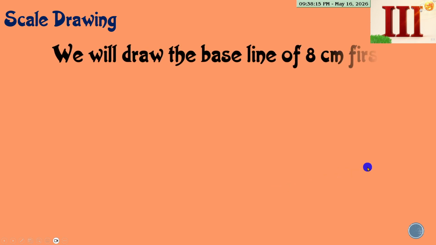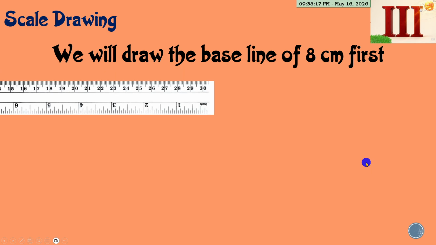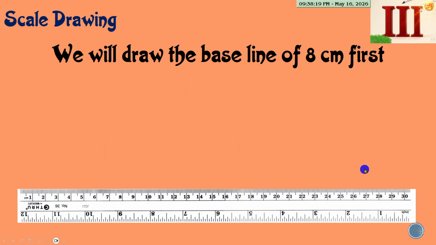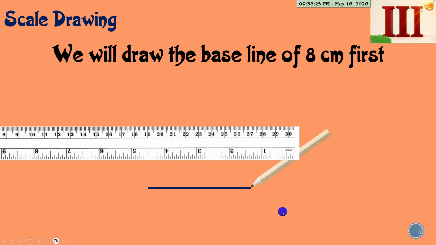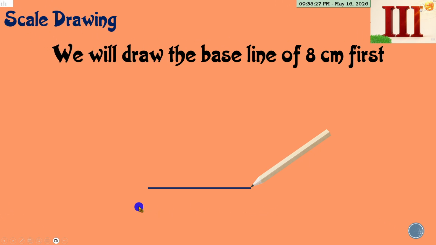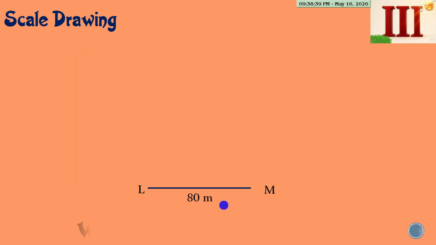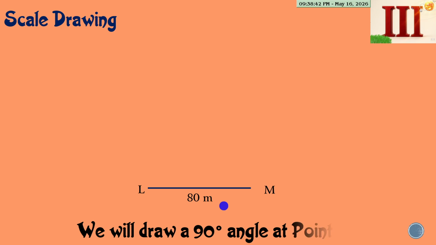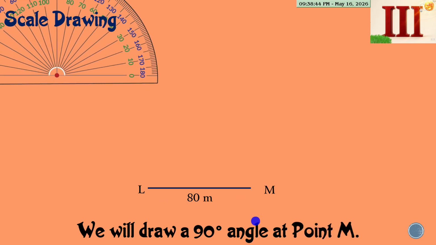So we will draw the baseline of 8 centimeters first. And then you will label this line. This is going to be L, and this is going to be M. And then you will put the actual distance on your diagram, not the drawn distance.